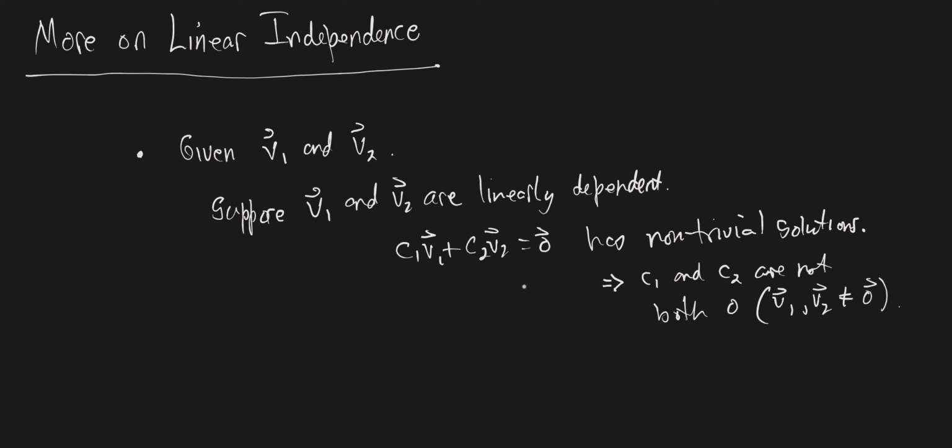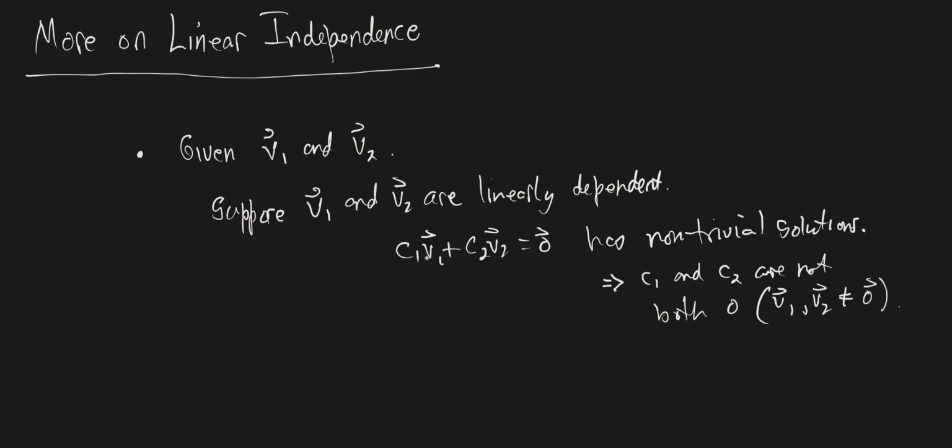So these constants are not equal to 0, but we're still able to form this linear combination and create the 0 vector. Well, if neither of these coefficients is equal to 0, then I could actually solve for one of these vectors.